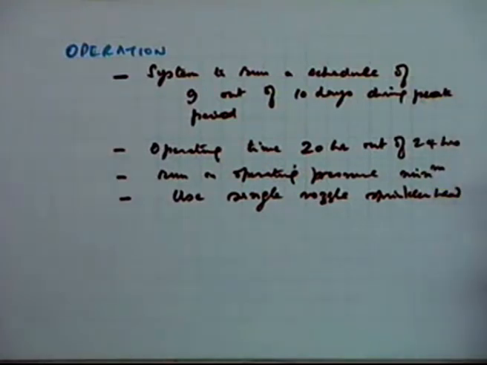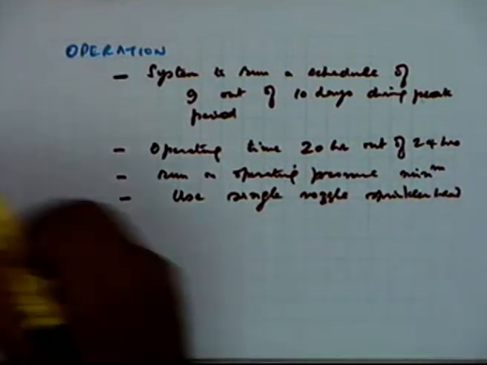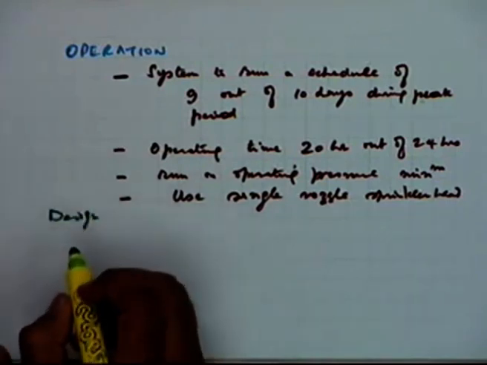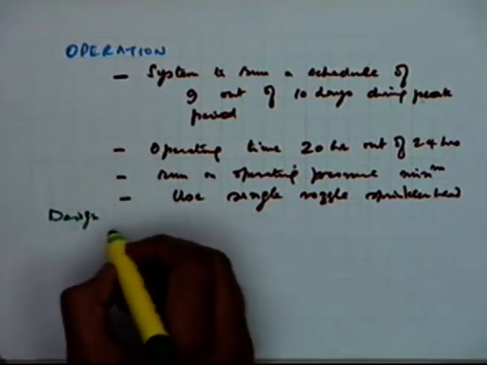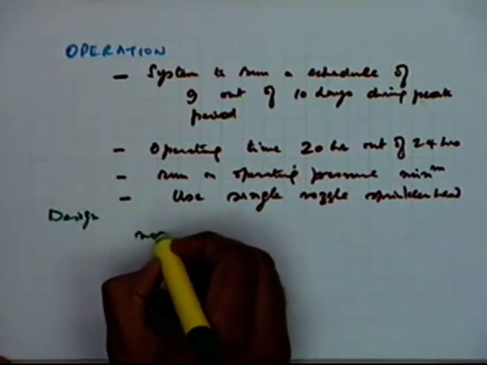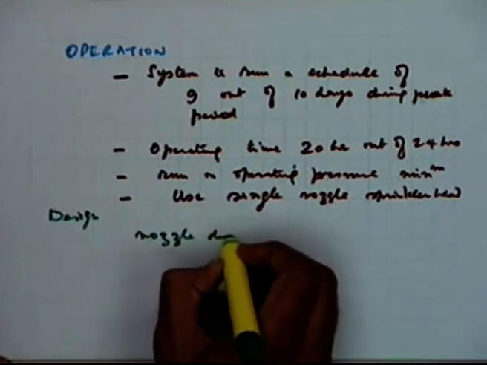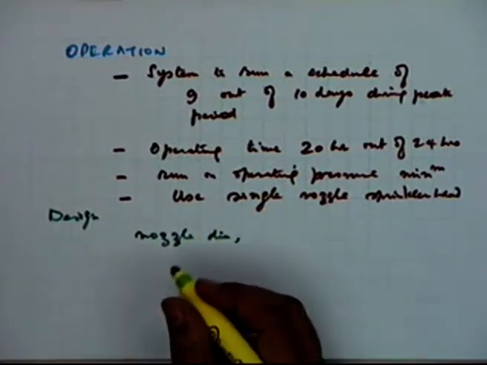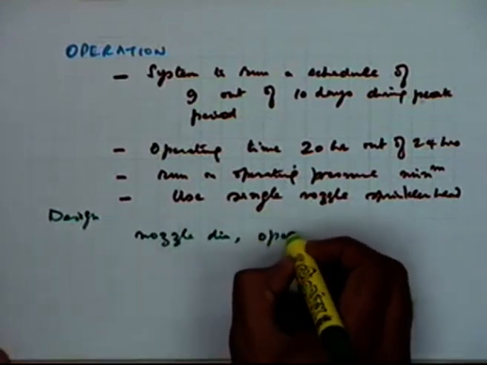When you say you have to design the system, what will you design it for? The design should include the selection of nozzle diameter. What size of the nozzle should be used? What should be the operating pressure?